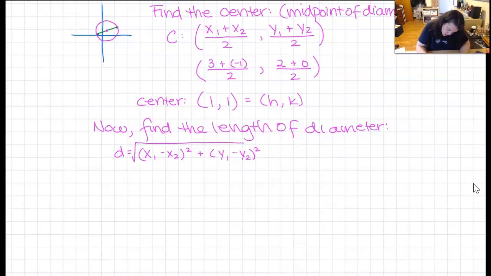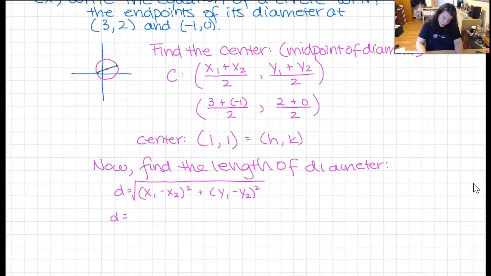Remember, it comes from the Pythagorean theorem. And you may be going, well, wait, I thought it was x2 minus x1 and y2 minus y1, and it doesn't matter as long as you're consistent, because it's all up to you which one is x1 and which one is x2.